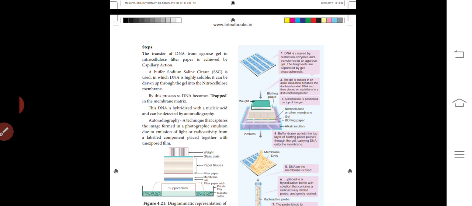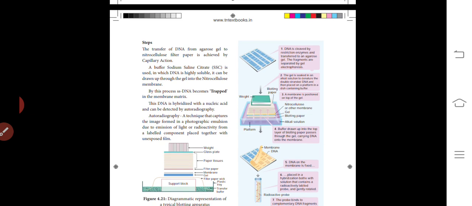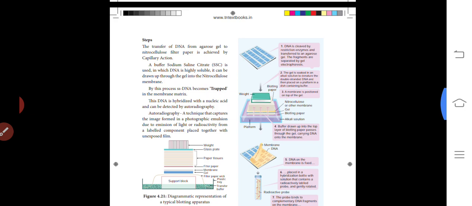The transfer of DNA from agarose gel to the nitrocellulose filter paper is achieved by capillary action. A transfer buffer solution, saline sodium citrate, is used, in which DNA is highly soluble. It can be drawn up through the gel into the nitrocellulose membrane. By this process, single-stranded DNA becomes trapped in the membrane matrix.